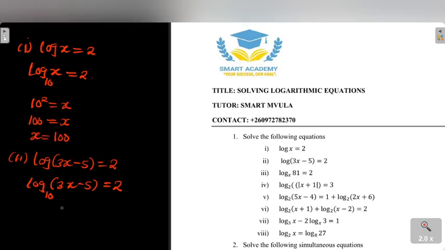Since we have a single logarithmic function, we'll change this to an exponential function. So we have 10 to the power 2 equal to whatever we have inside the brackets, 3x minus 5. So 10 to the power 2, we have 100, which is equal to 3x minus 5.